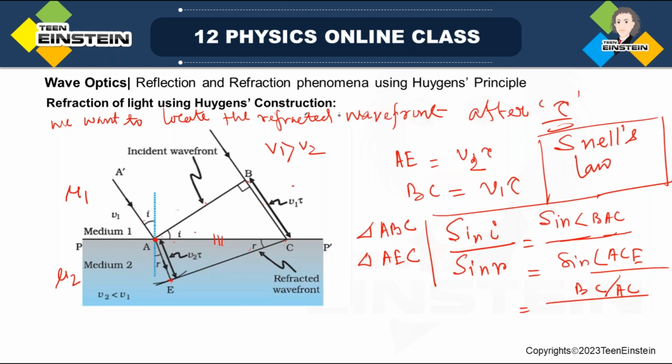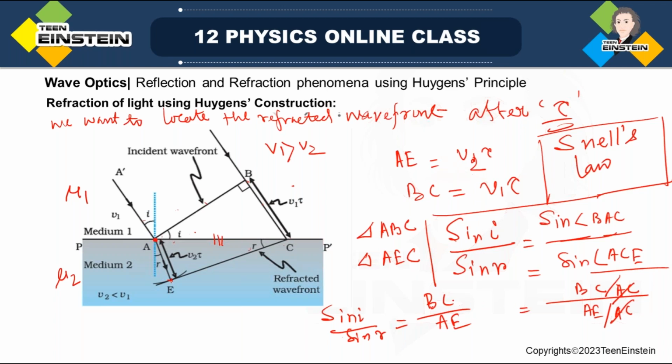Sine ACE, this angle, will be AE by AC. Since this AC is common to each, I can write sine i by sine r. Sine r is equal to BC by AE.